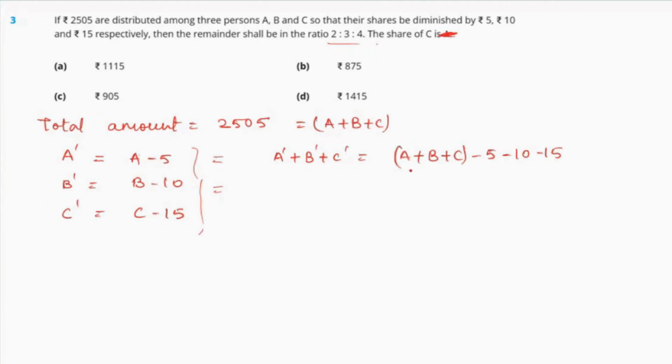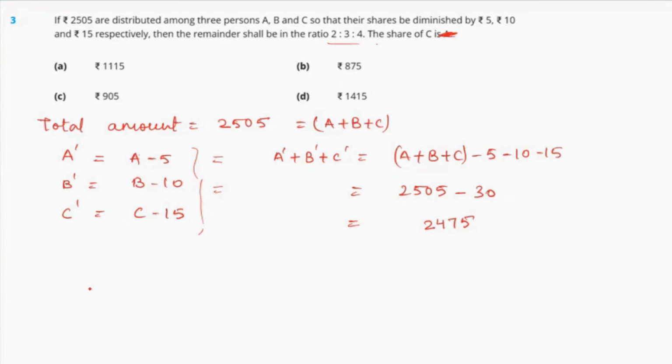We know the value of A plus B plus C is 2505, and from that we subtract 30. Subtracting 30 from 2505, we get 2475. So this is the amount after their shares are diminished.